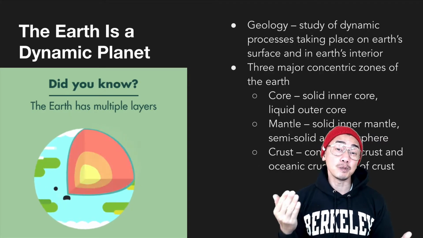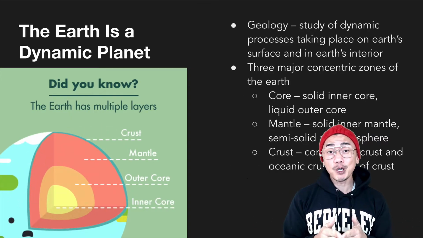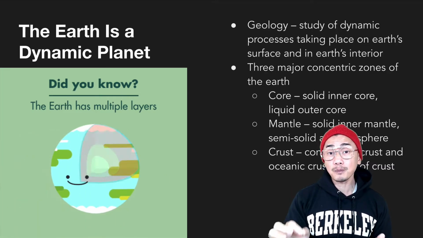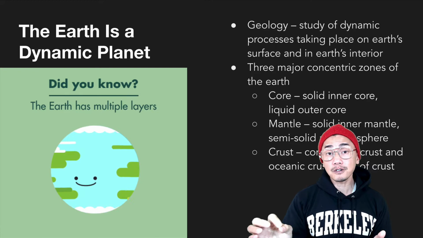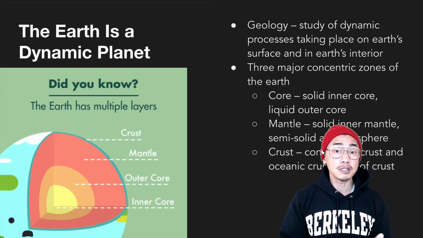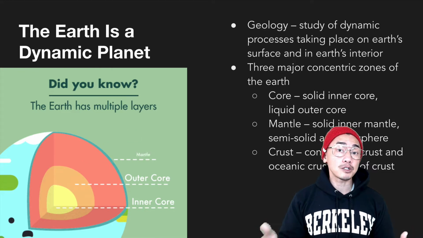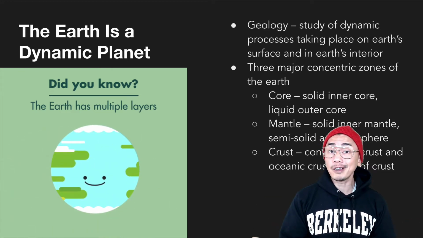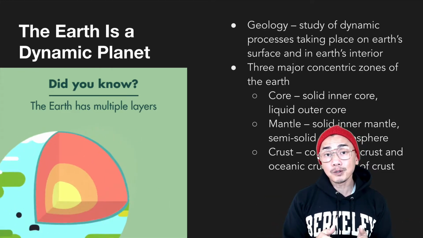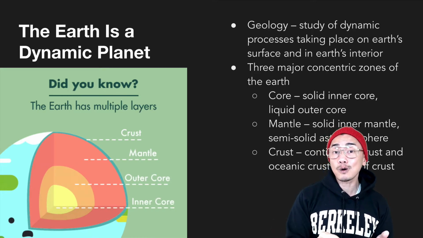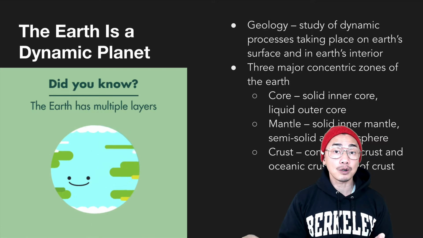Let's start with some geology basics. Geology is the study of the dynamic processes that take place at the Earth's surface and in the Earth's interior. The Earth is made up of three major concentric zones, or layers. The innermost layer is called the core and is made up of a solid inner core and liquid outer core.